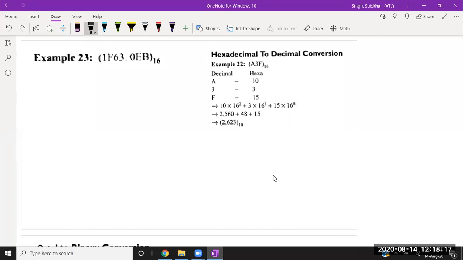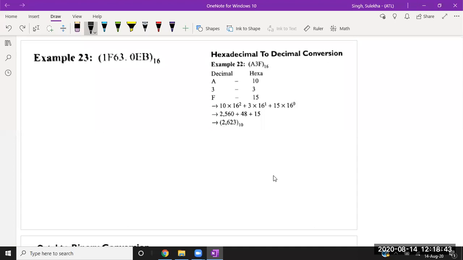Okay, so most of you are getting the correct answer. I think you are making some mistake in the fractional part, and I know why. These mistakes are there because whenever you are calculating the fraction part, you are not taking four values after the decimal point.